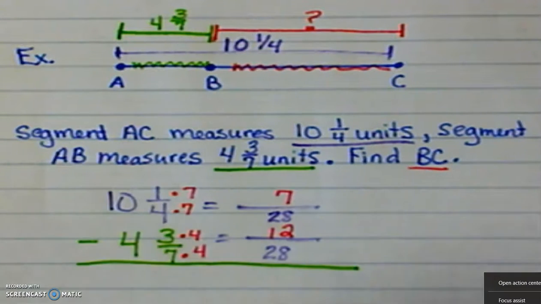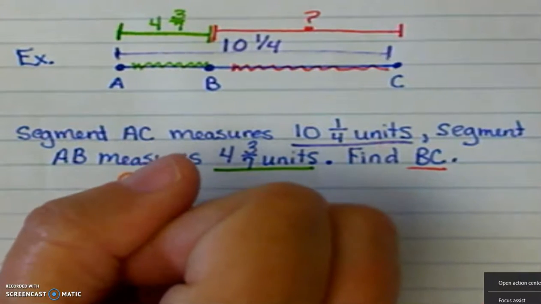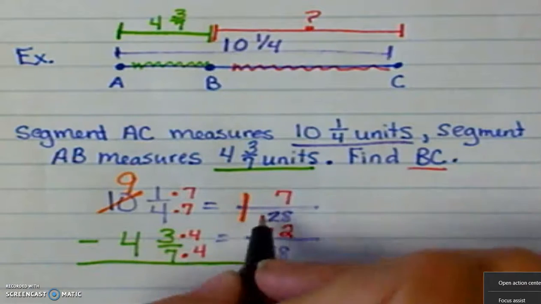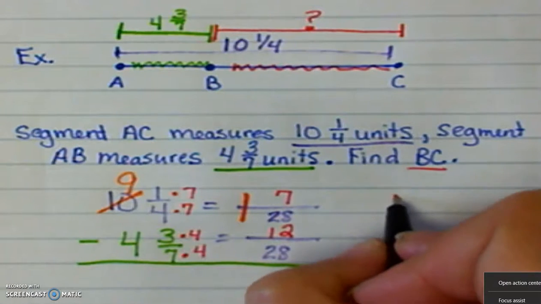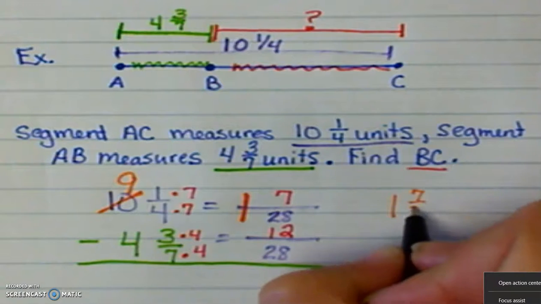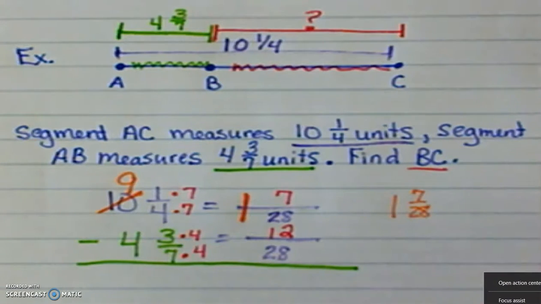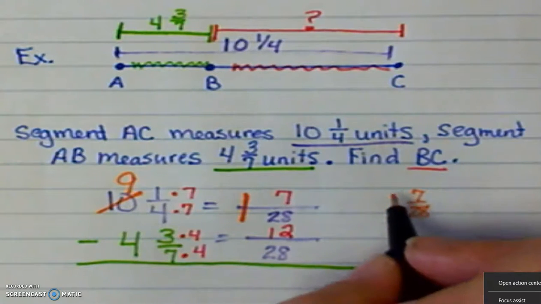So what we have to do, remember, is borrow. We're going to take one whole piece and cut it into parts. I'm going to bring over this whole, and my fraction bar extends, but now I brought over a whole and I want to cut it into 28 pieces, or change that into an improper fraction. So you take 28 times the whole.